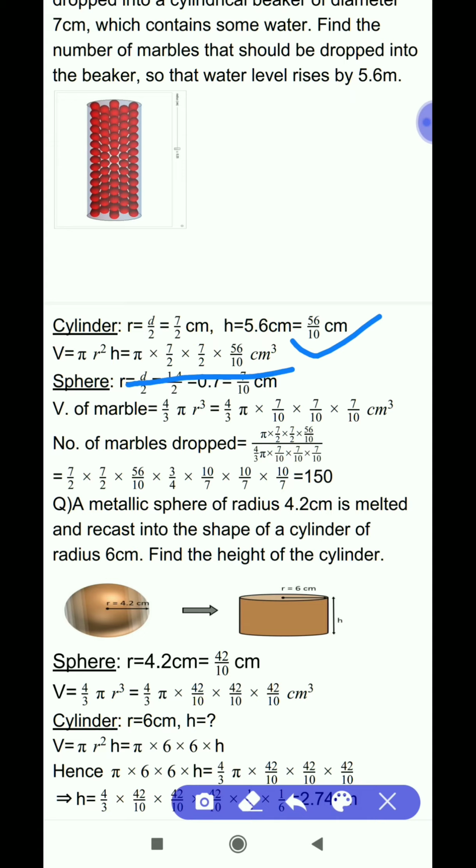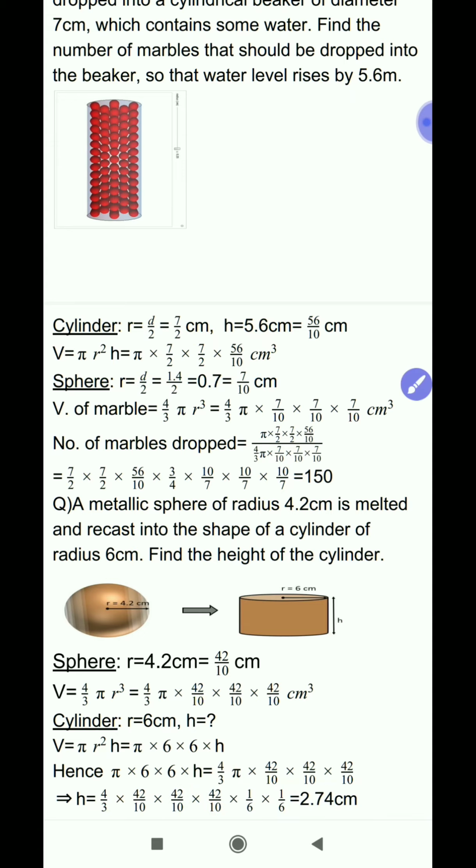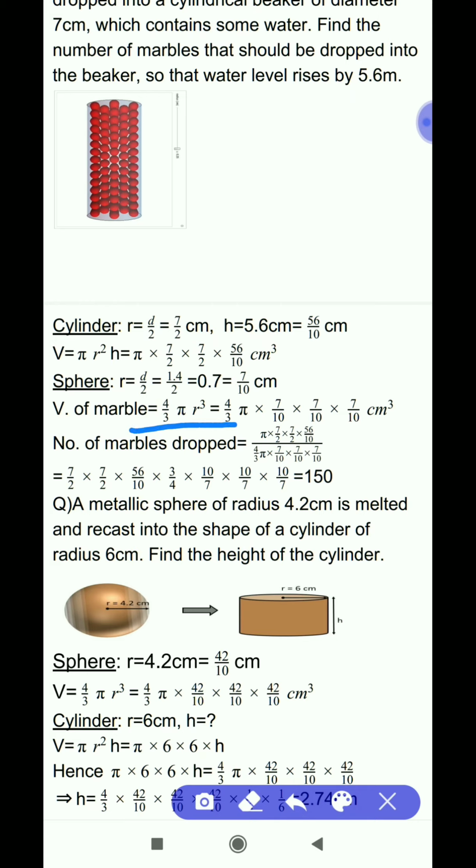Now come to the sphere. The radius of the sphere is d by 2, which is 1.4 by 2, that is 0.7, that is 7 by 10 centimeters. Because the marble is in the shape of a sphere, its volume is 4 by 3 pi r cube, so 4 by 3 pi into 7 by 10 into 7 by 10 into 7 by 10.